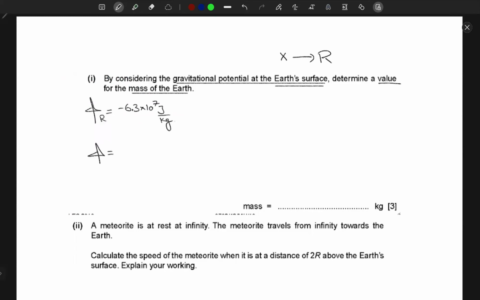Phi is equal to GM by r. Everyone agrees with that, right? Or is there something else I need in this expression? The negative sign. Exactly. There should be a negative sign.